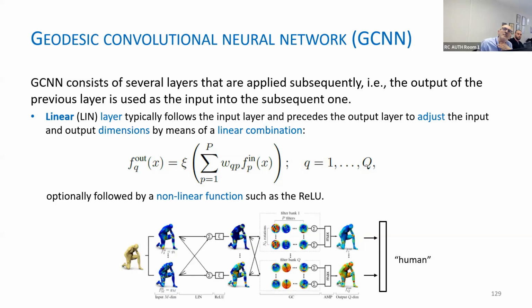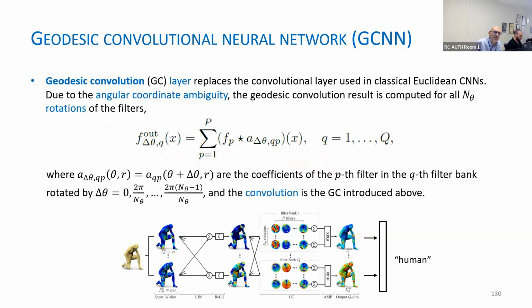First of all, there is a linear layer, which is applied to the input mesh. Then we have the geodesic convolution layer, which performs the operation that I've just proposed to you.